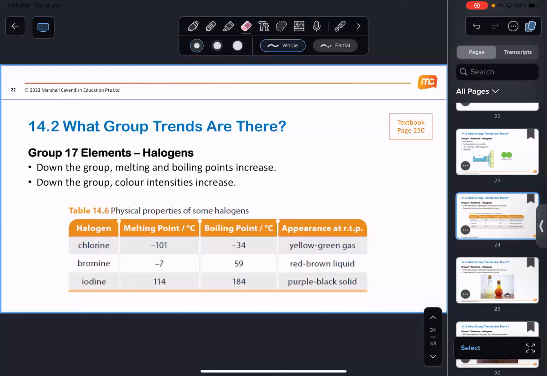I think last year we did teach yellowish green, right? Let's stick to this now, because this is in your textbook, new syllabus. So you see, melting and boiling point is clearly increasing down the group. Nothing to question here, because it's a trend.